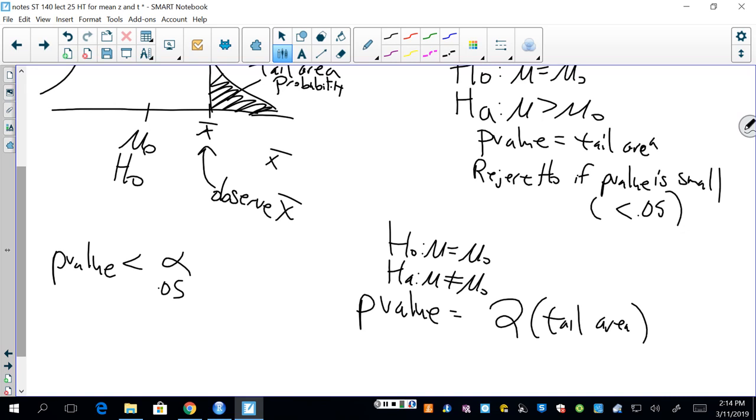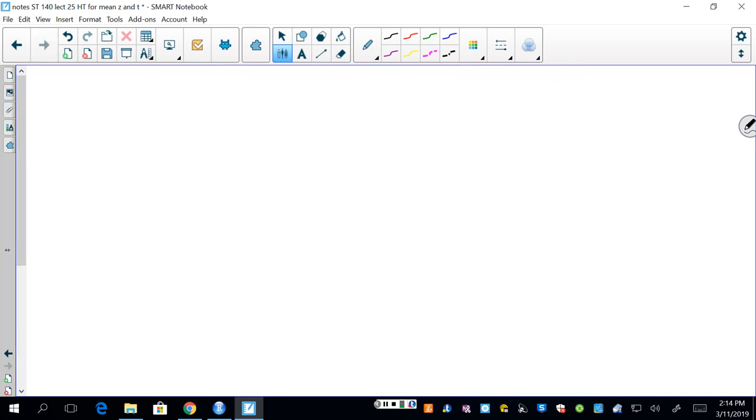They all tell you the same conclusion, but it's commonly phrased in these 3 ways. X bar is something that causes you to reject. Is your test statistic, your t or z, extreme, or is your p-value small? It's all the same thing, just different ways of looking at it.